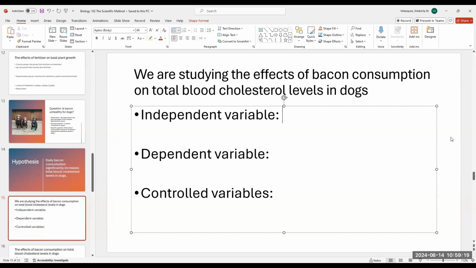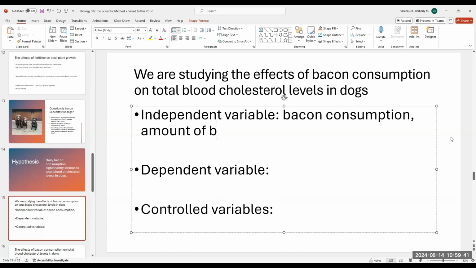Okay, we aren't directly manipulating or changing the total blood cholesterol level. That's going to be the effects of bacon consumption, right? So what we're manipulating or changing is bacon consumption. Another way of putting this would be the amount of bacon consumed.